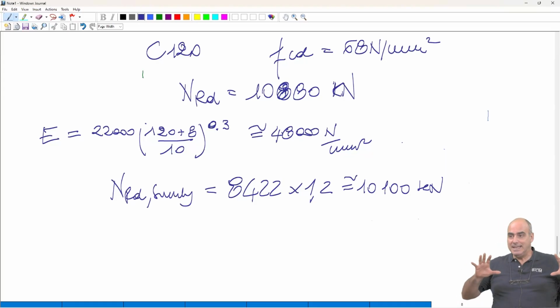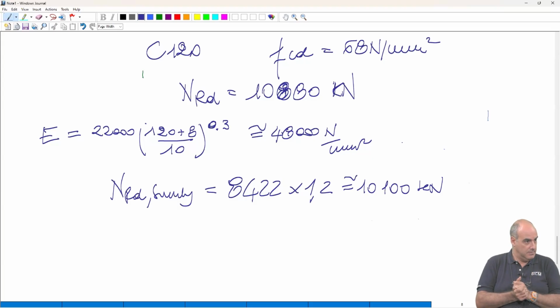These numbers, these examples, I wanted to put the numbers here because this clearly demonstrates one thing. It's true that if we go with a higher strength of concrete, we can reduce the size of the elements. This is a benefit because we use less concrete. Higher strength concrete costs more. So if we want to make it more effective, we need to use less volume of material.